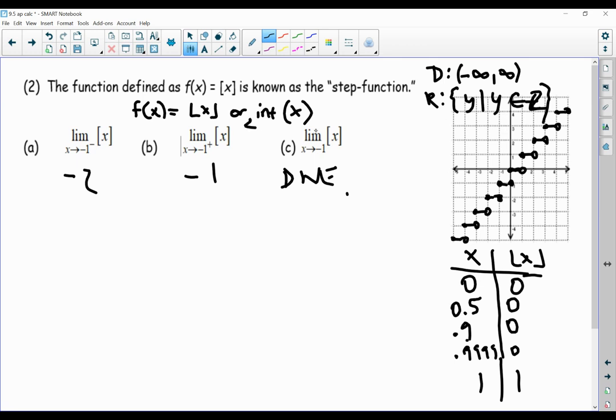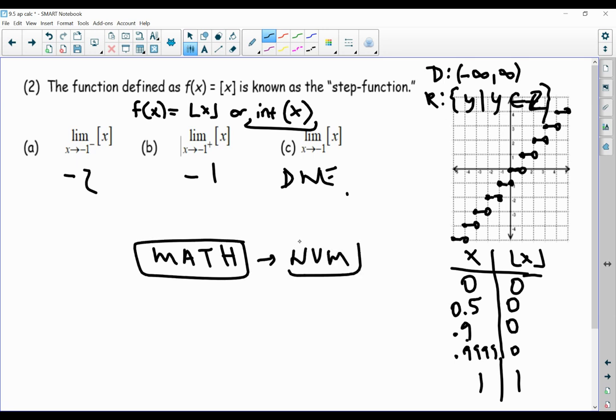You can actually graph this in your TI-84. There is an integer command. I believe it's under math. I'm going to write it down so that you can discover it on your own. And then if you go over to number, it's number 5. It says INT.